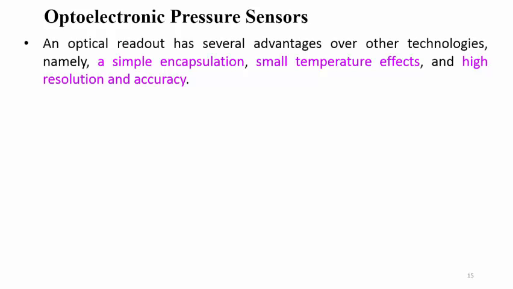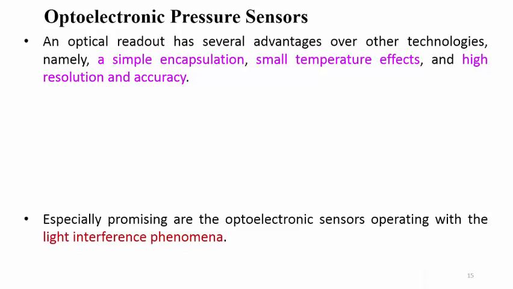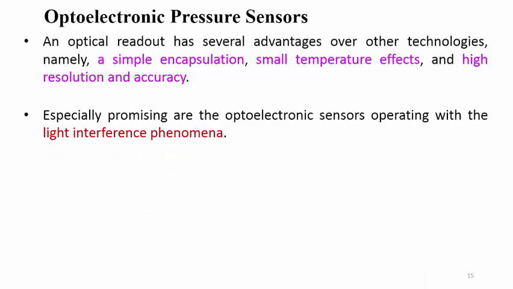The next type of pressure sensor, which is based on the optical principle, is the optoelectronic pressure sensor. Here the optical readout has several advantages over the other technologies that we have discussed. You will find simple encapsulation, small temperature effect, and high resolution and accuracy compared to the other sensors that we have discussed.